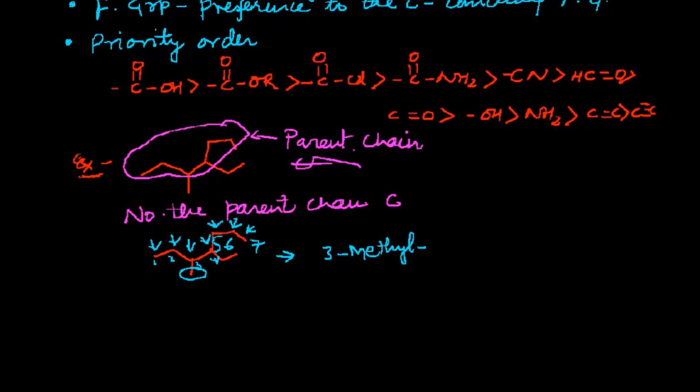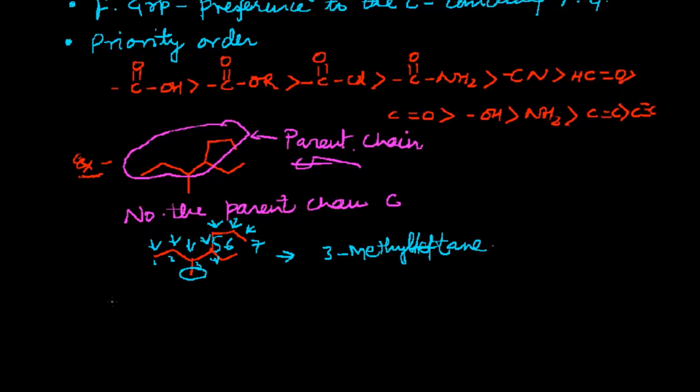How many carbon in the parent chain? 7 carbon atoms. So therefore we can say this is 3-methylheptane.